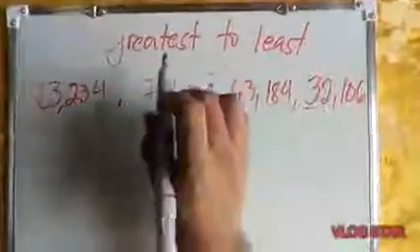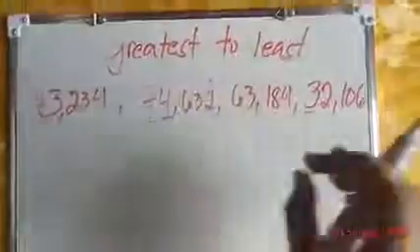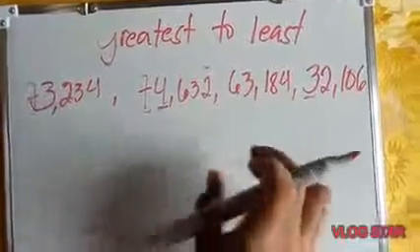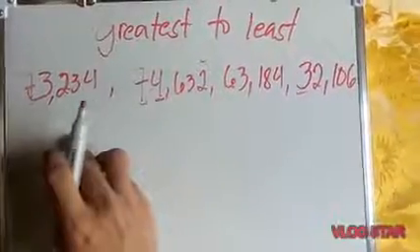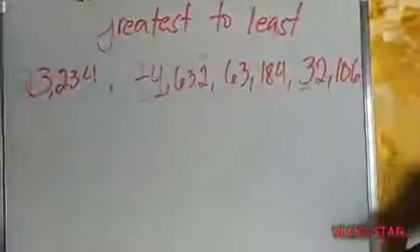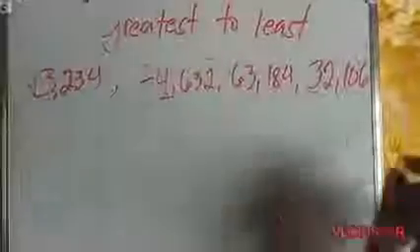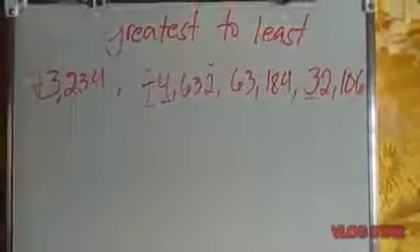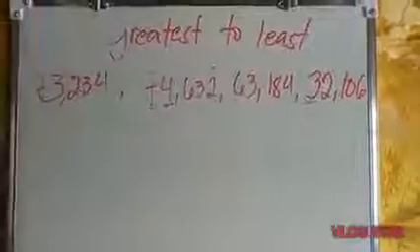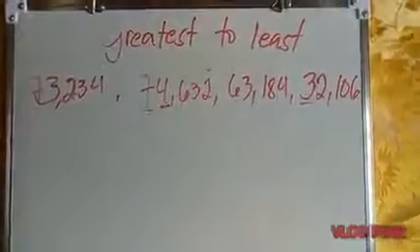Next is from greatest to least, meaning to say from biggest to the smallest number. So let's see if they have the same number of digits. They have the same number of digits. Now let's proceed in comparing using place values.